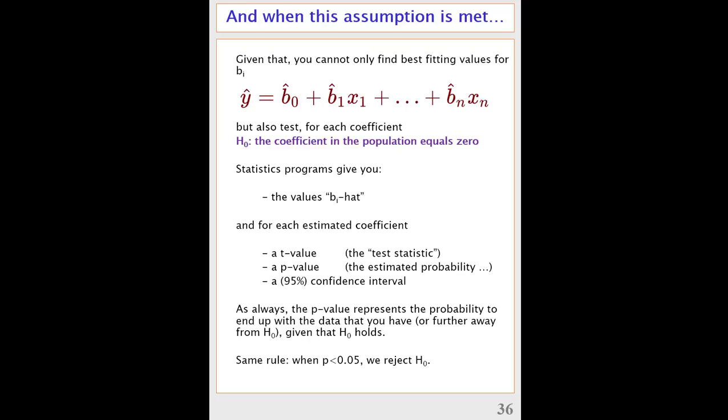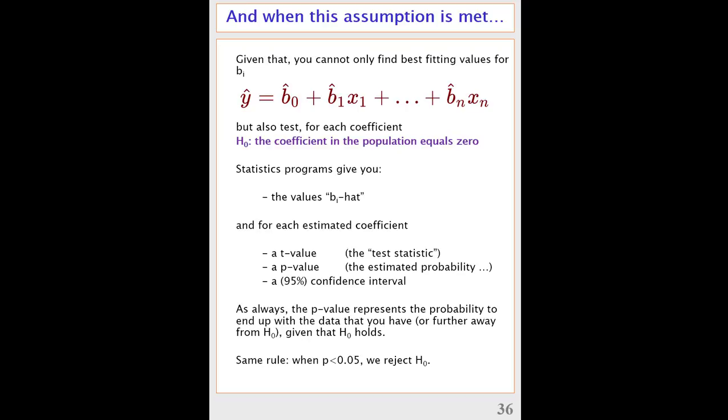Okay, then what we have here is we can come up with a model like that with estimated B0, B1, B2, and so on. And what we're testing all the time in H0 is that the coefficient in the population equals 0. So for instance, the B1 over there, we've estimated that, and we are comparing that coefficient with 0.